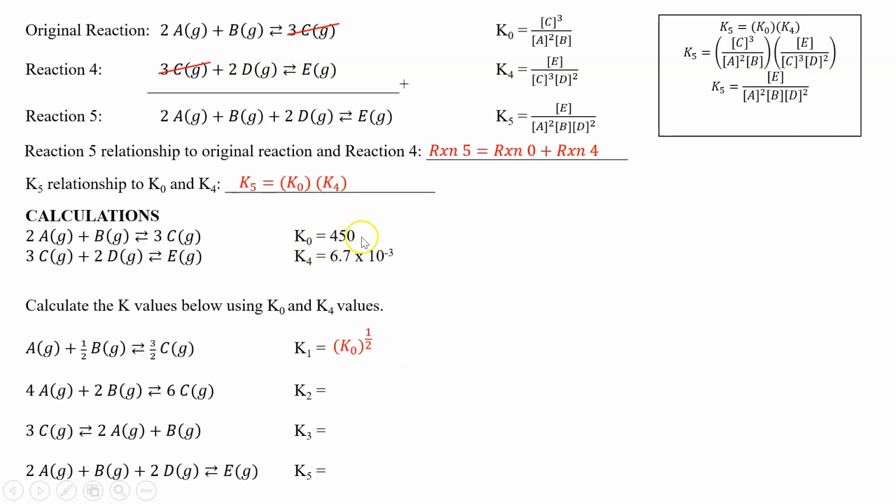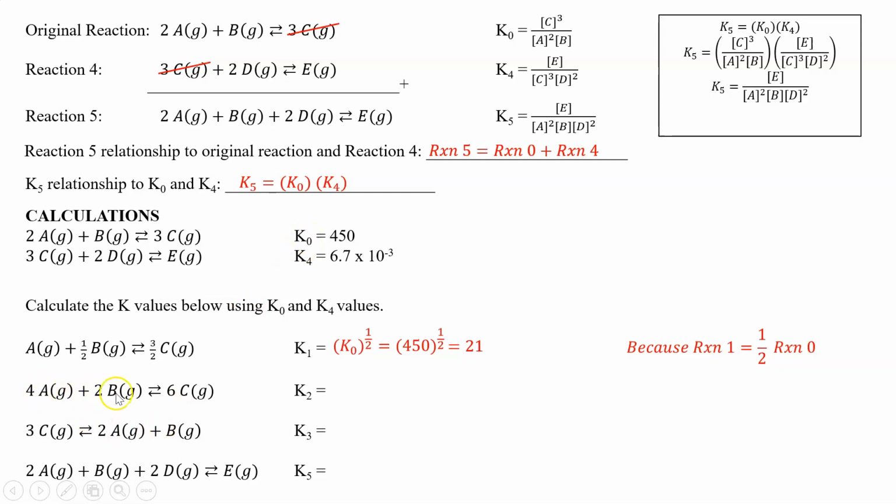In other words, 450, because that's what K0 is, it's 450 to the 1/2 power. You could also say we're taking the square root of 450. You end up with 21. This is, again, because reaction 1 is 1/2 of reaction 0. If you look at the coefficients, reaction 1 is the same as reaction 0, except it's 1/2 of its value.